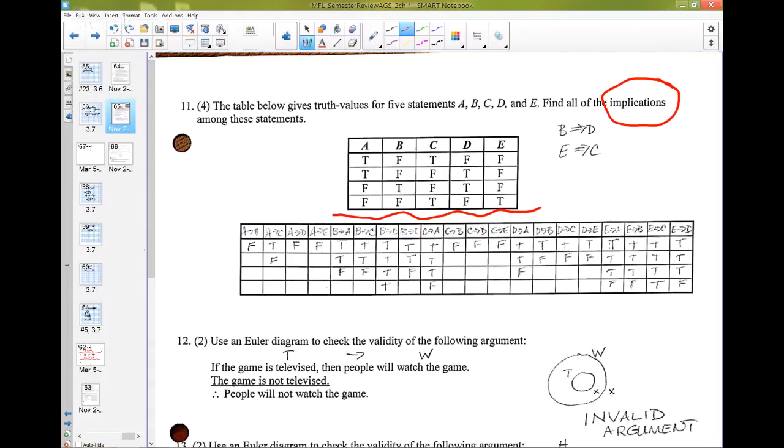But I have given you these 5 statements here called A, B, C, D, and E. So what you've got to do is find all the ways you can if-then those.